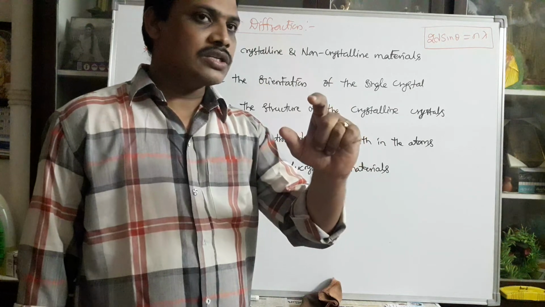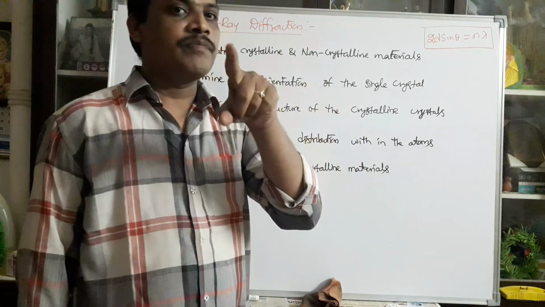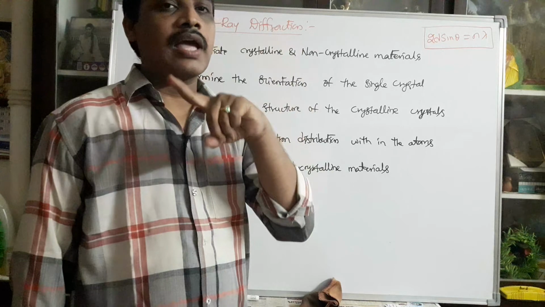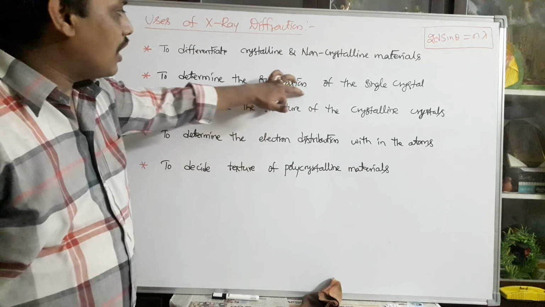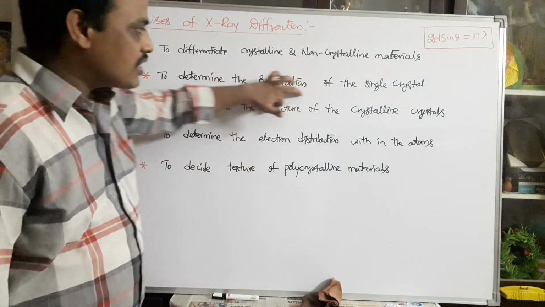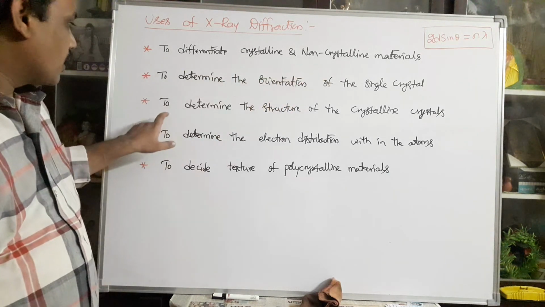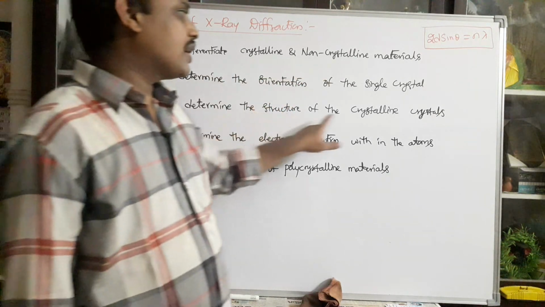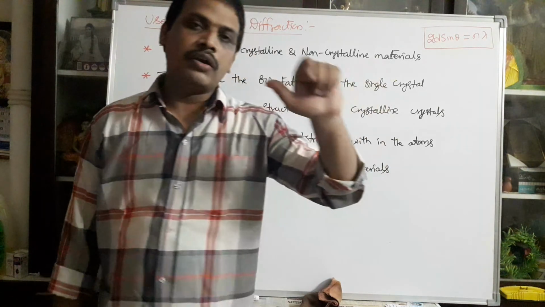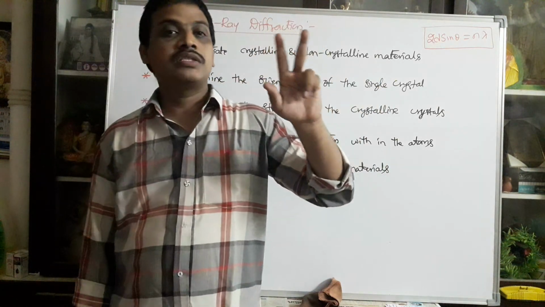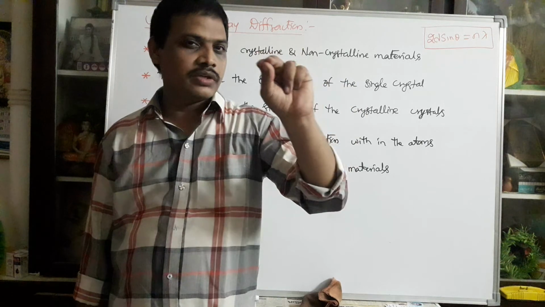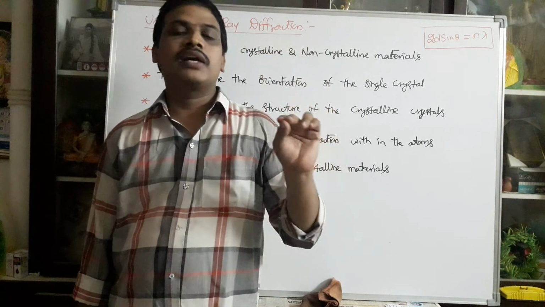With the single crystal, you can determine the theta value. Theta is nothing but the glancing angle. That glancing angle indicates the rotation. At whatever rotation is created, that orientation can be explained. After that, to determine the structure of the crystalline solid, methods 1, 2, 3 are used. These 3 methods are used to determine the structure of crystals.